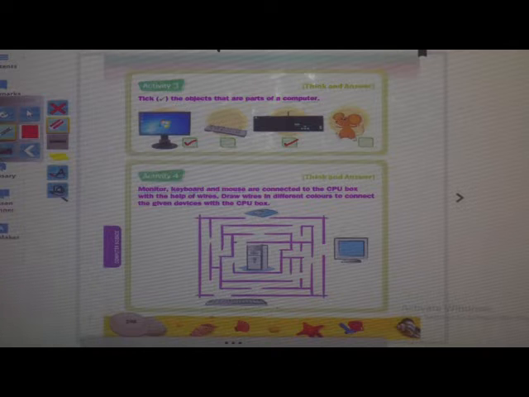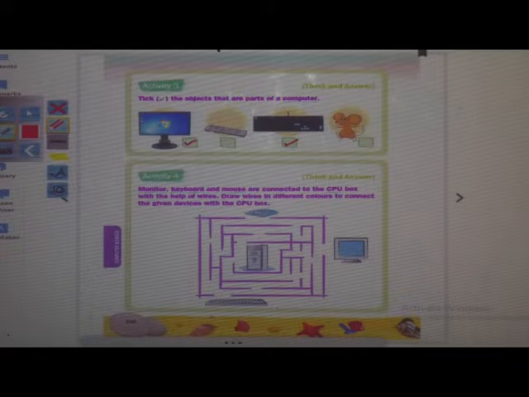Is the remote part of computer? No. Is that mouse part of computer? See, mouse is a part of computer, but this real mouse is not the computer mouse. So we should not tick that. Real mouse, does it help to operate computer? No.